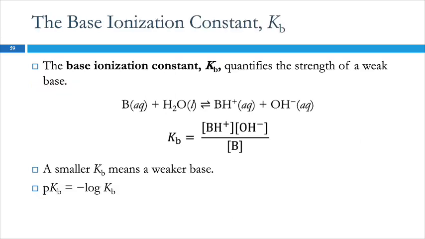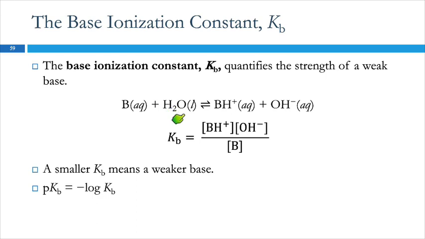So the base ionization constant, Kb, quantifies the strength of a weak base. So the chemical equation here is the base plus water forming the conjugate acid plus hydroxide ion.